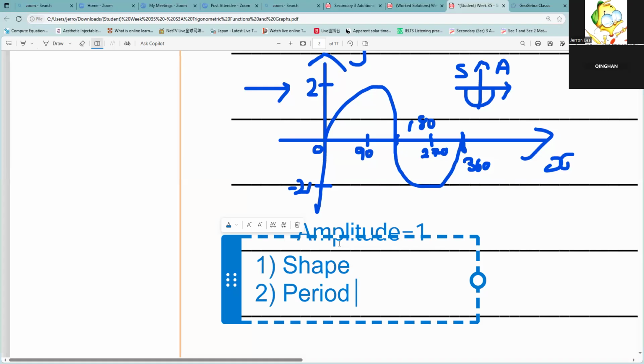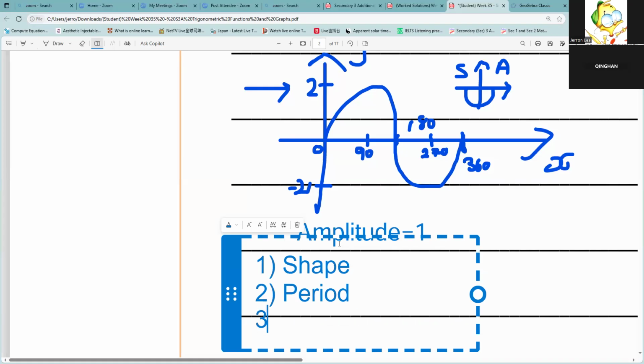That is for a normal sine x. And you also need to know the amplitude, looking at what is in front of your sine x. If it is just a 1, then your amplitude is 1. That's the third thing. These are the things you need to do first: shape, period, and amplitude.